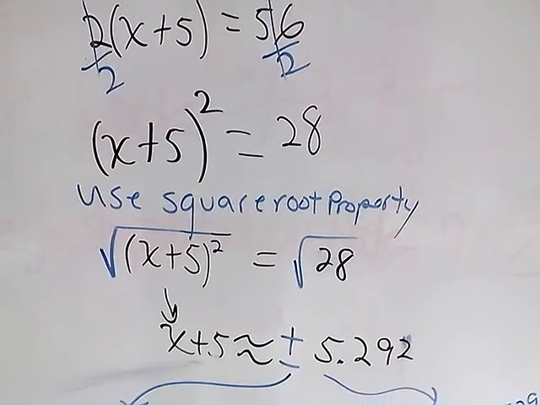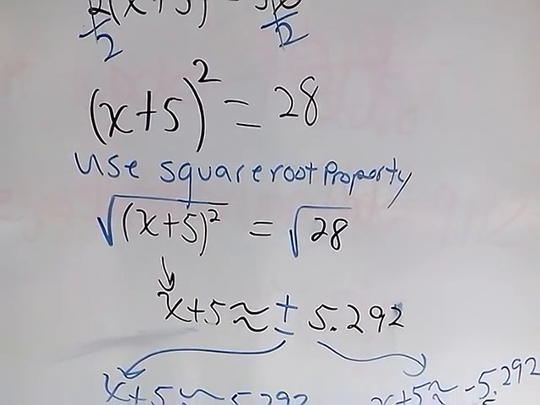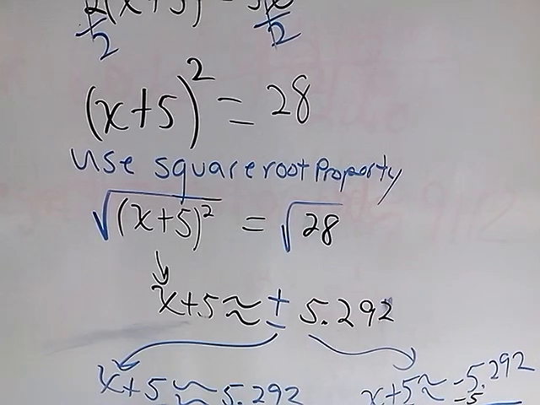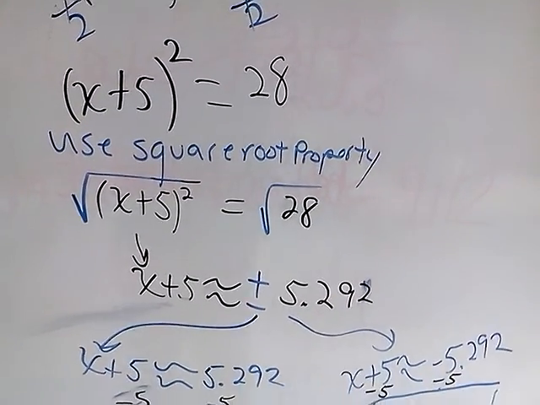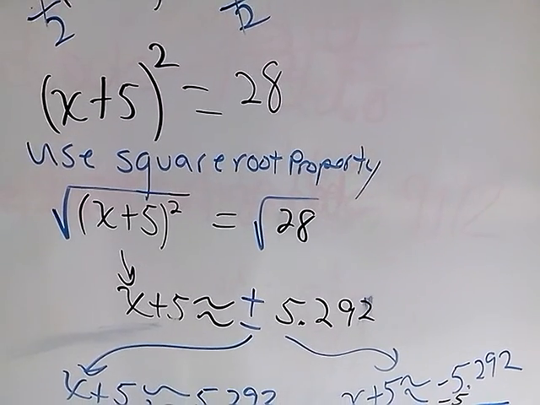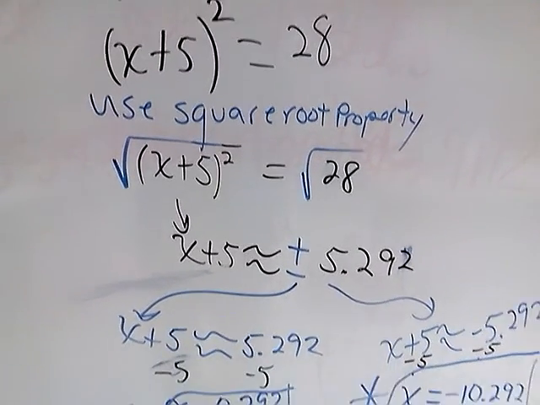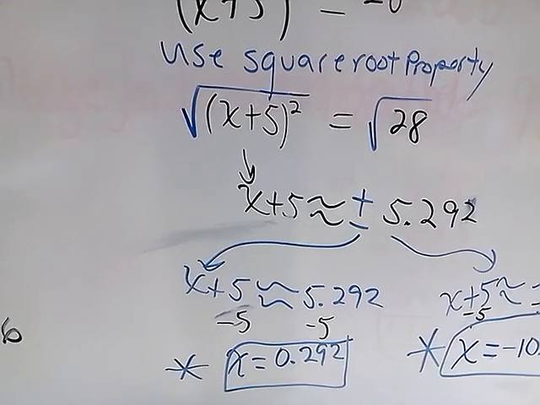So there we see we take the square root of both sides, and we get x plus 5 is equal to plus or minus 5.292. Then we write our two equations to solve for x.